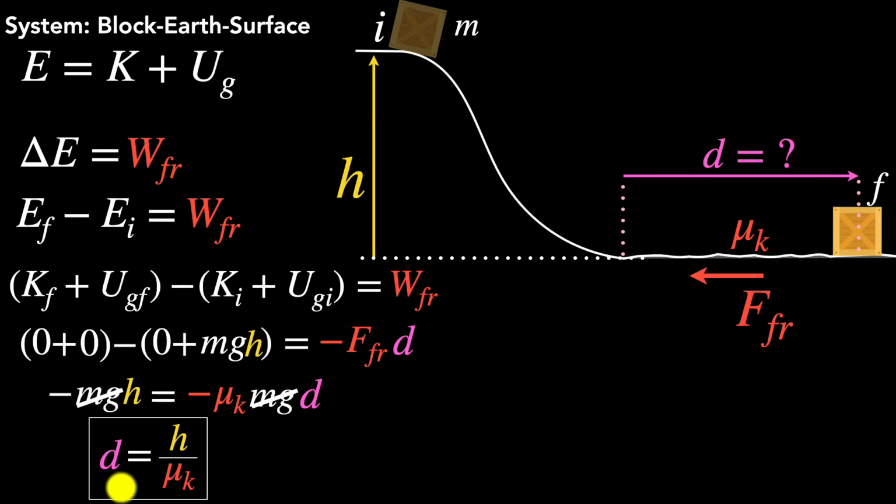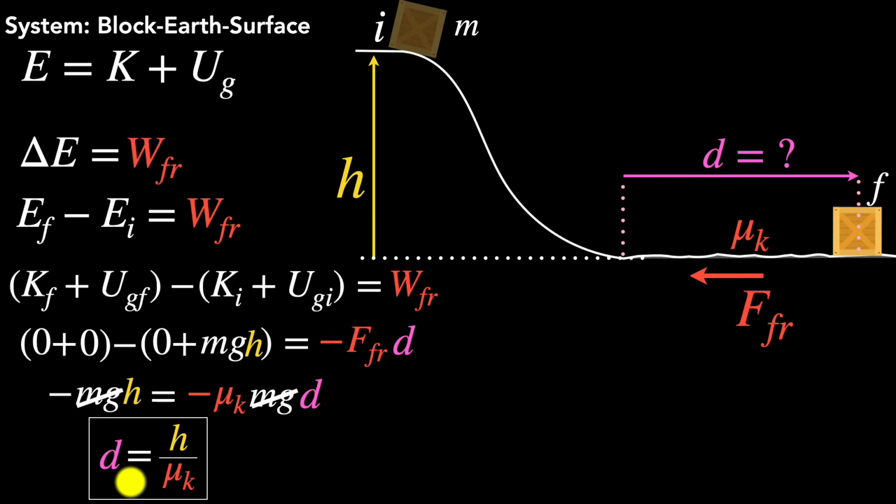So it makes sense that d is directly related to height. Okay, we find that d is inversely related to the coefficient of kinetic friction. Does that make sense? Yeah, if this number is higher, the frictional force is higher and it'll stop sooner. So more the value of mu k, smaller the value of d. Smaller the value of mu k, smaller the friction, and it'll travel much farther before coming to a stop.